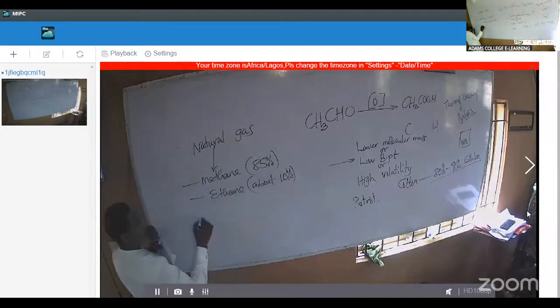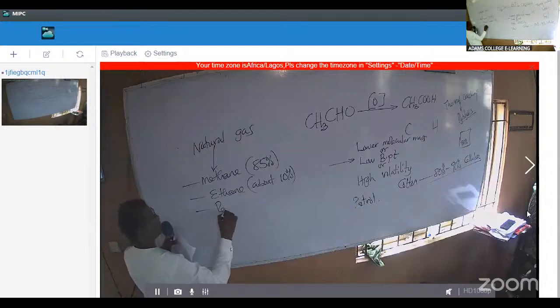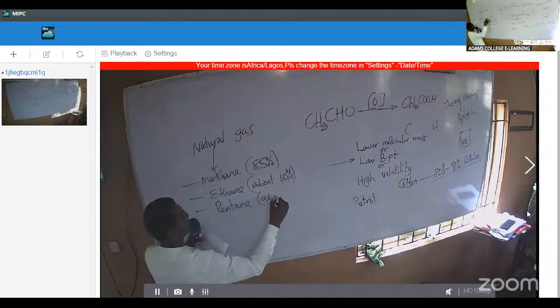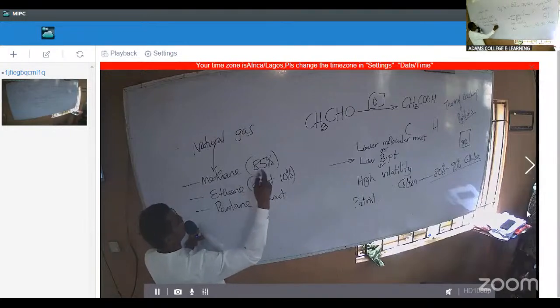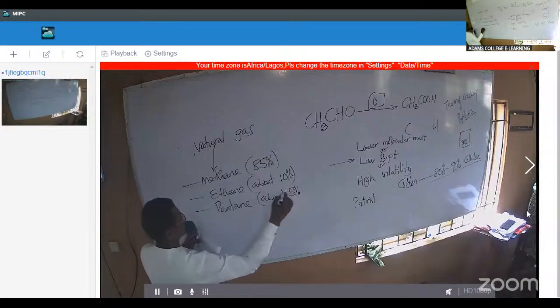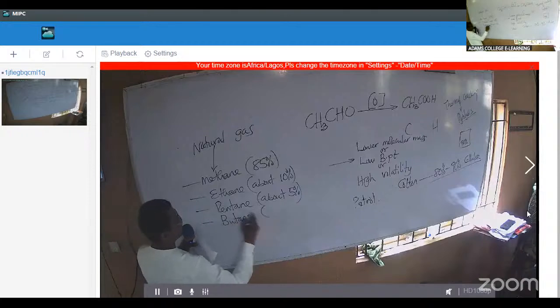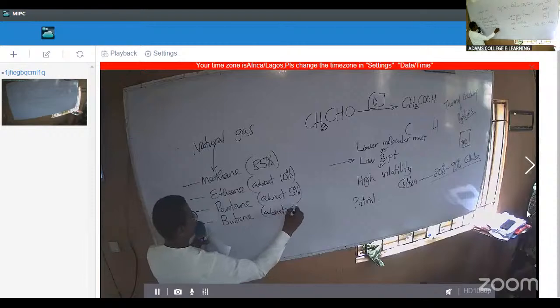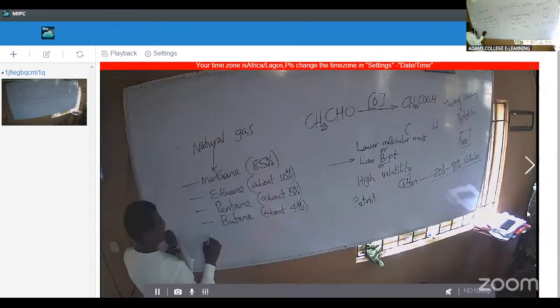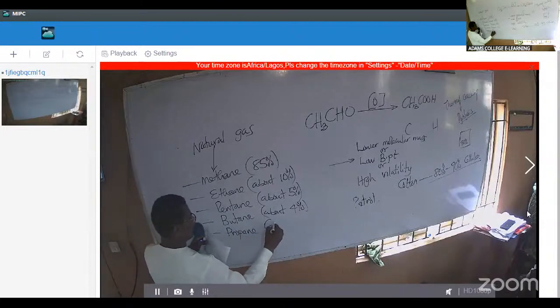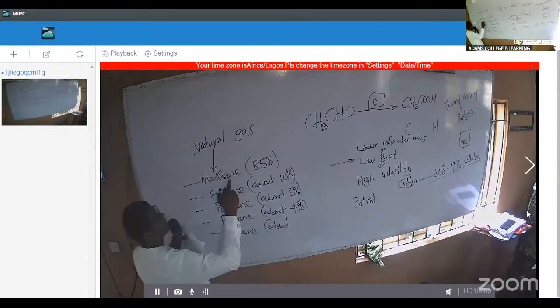Then we have propane. Pentane is about 5%. They are very easy to remember. We also have butane, about 4%. It's easy to remember this one because pentane is 5, butane is 4. About, that means we won't get exactly 100 when we add. We also have propane, about 3%. But the major one now, who is the major one? Methane.